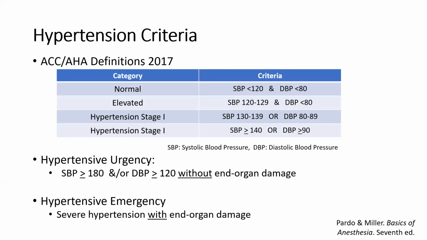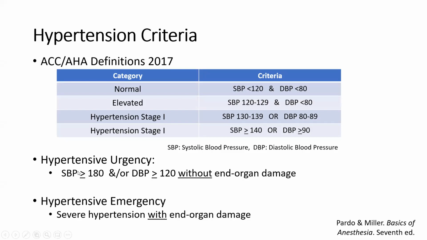And then let's say they have a normal systolic but an elevated diastolic, or vice versa, and one would put them in stage 2 and the other in stage 1. You always want to designate them with the higher of the two, the riskier of the two.